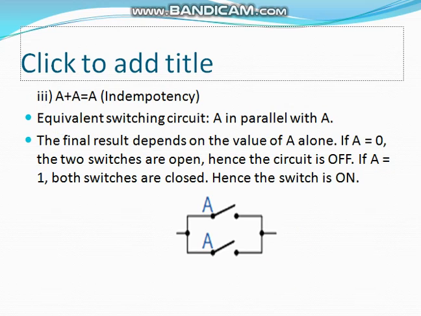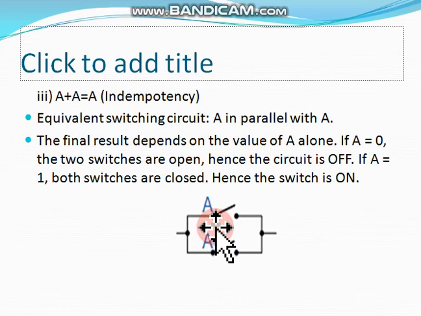Now the other law, which is the third law, also called idempotency. The equivalent switching circuit is A in parallel with A, they are both in parallel. So whatever A has, A also will have, and that's what the result will be. So if this switch is open and this switch is open, meaning they are both 0, the bulb won't go on because you've blocked both paths.